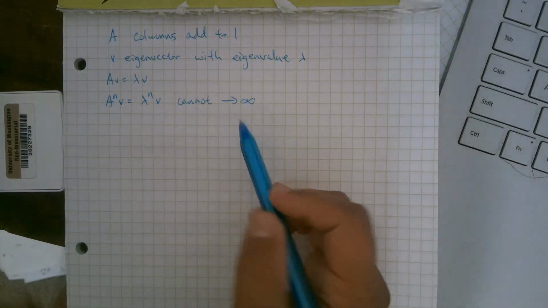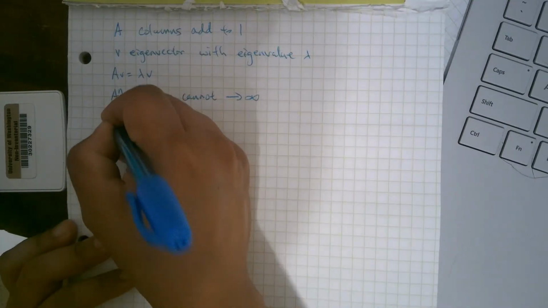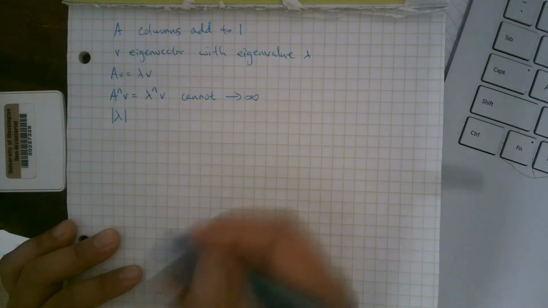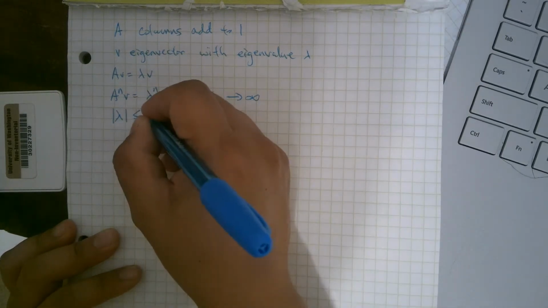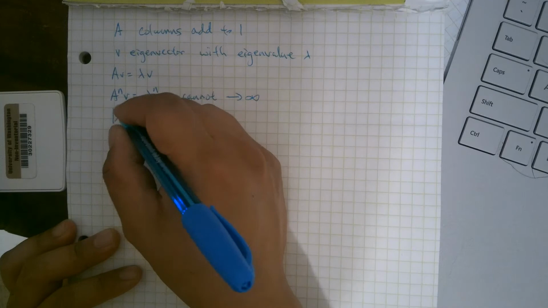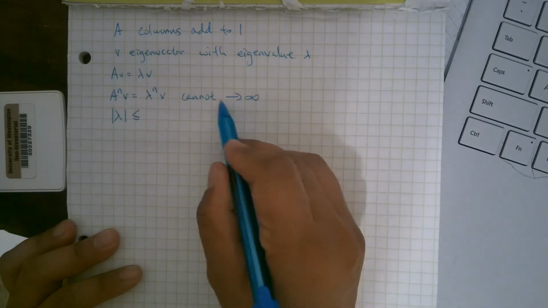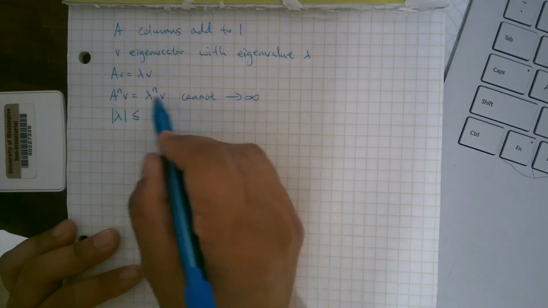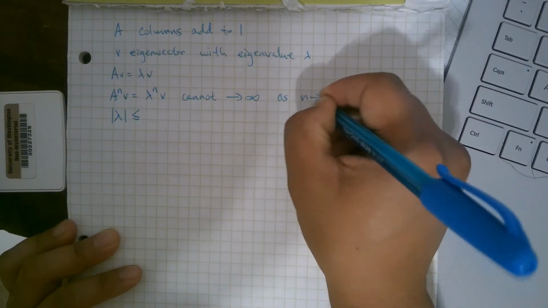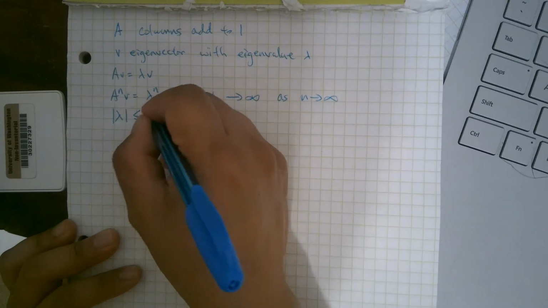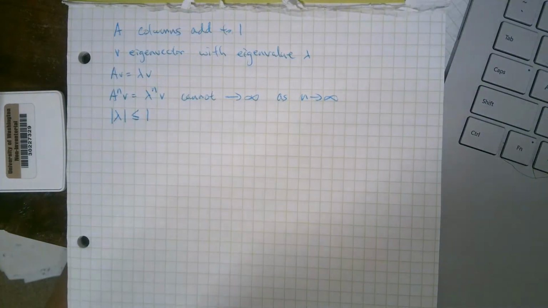So because of that, I cannot have the absolute value of lambda, or the norm of lambda if lambda is complex, because sometimes we will have to allow lambda to be complex, be greater than 1, otherwise this thing will go to infinity as n goes to infinity. So I must have the norm of lambda less than or equal to 1.